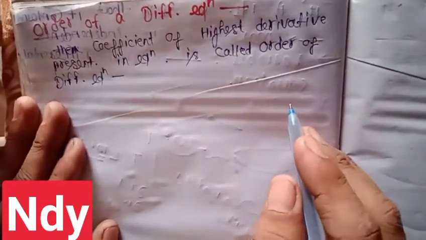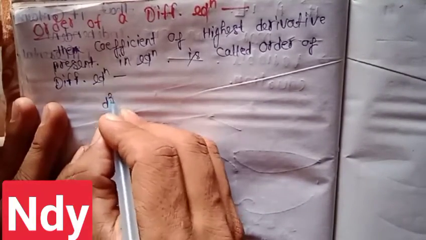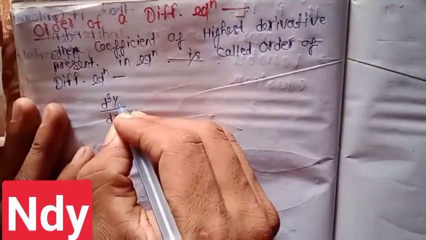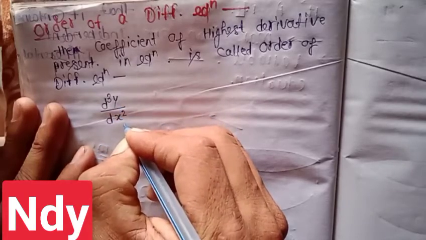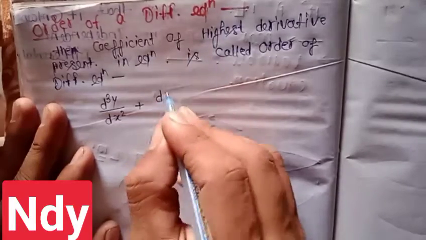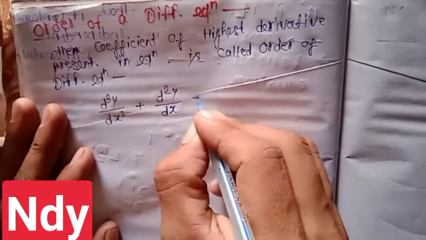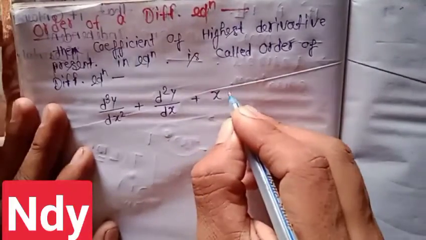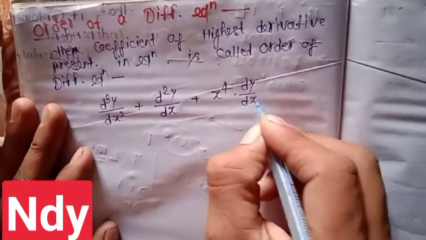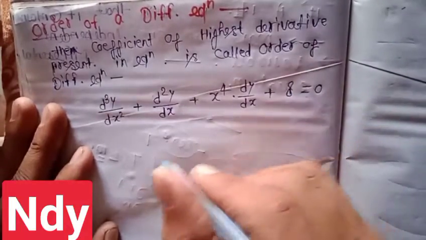Just for example, let a differential equation be d3y upon dx3, where y is the dependent variable and x is the independent variable, plus d2y by dx2 plus x to the power 4 into dy by dx plus 8 equal to 0.